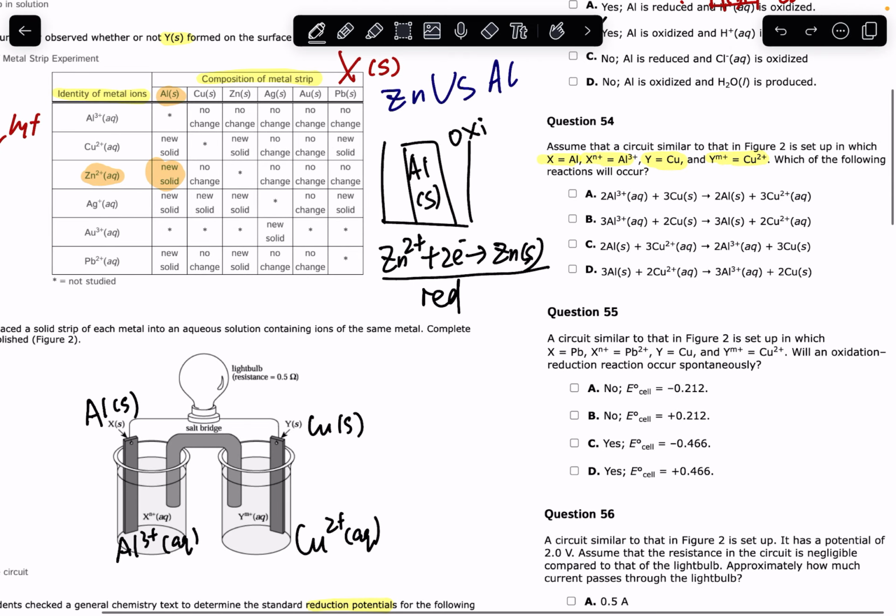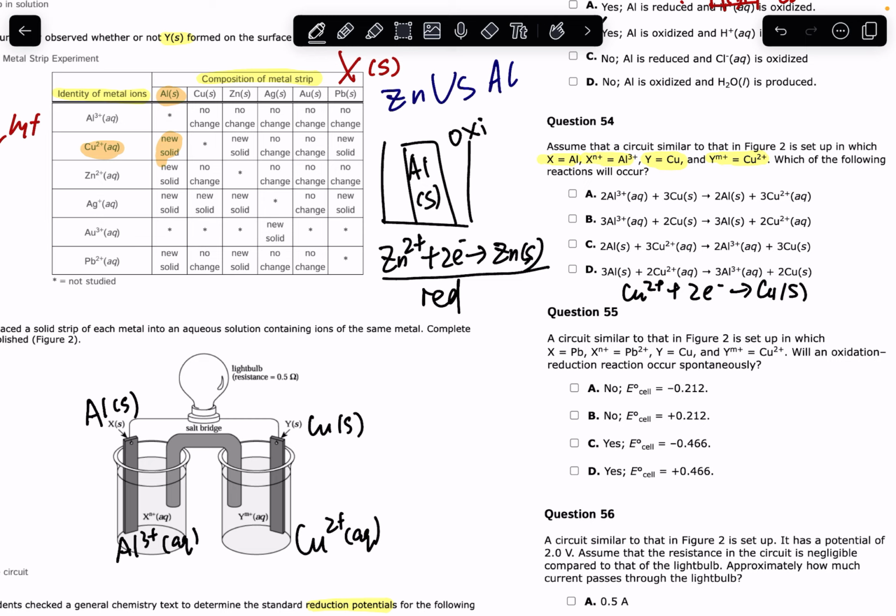So my half reaction, oh, it's actually comparing to copper. Copper is fortunately also getting reduced. So we can write out the half reaction that Cu2+ is gaining electrons, forming copper solid.